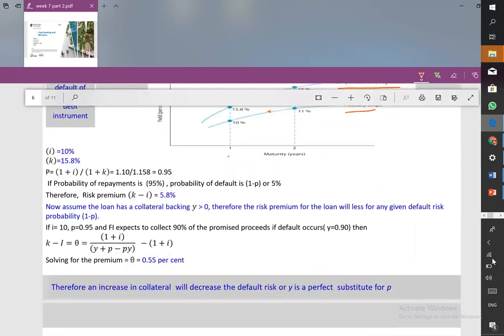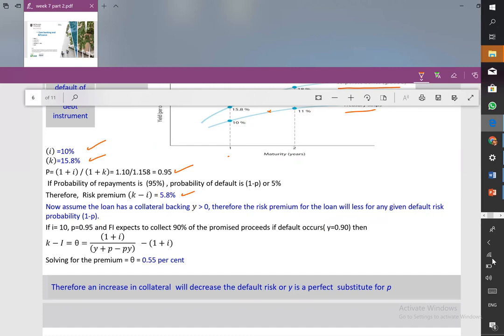There is nothing to do in this slide. It's just telling you that when it is 10%, and K is 15.8%, then we can calculate the probability of payment as 95. I think I have talked about all of this and told you this premium can be 5.8 without collateral.